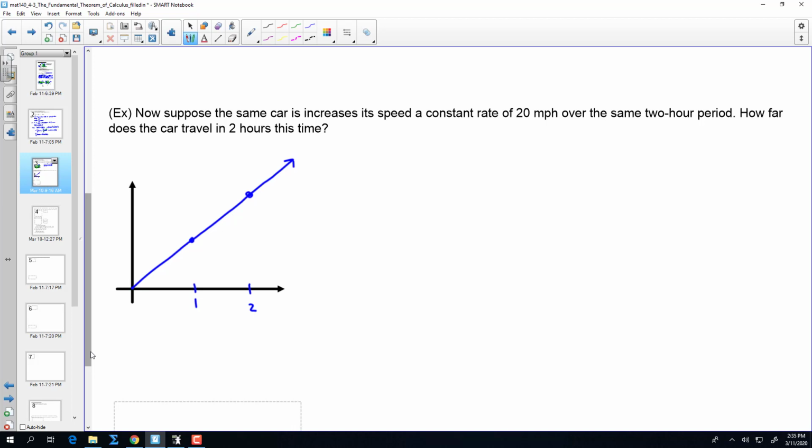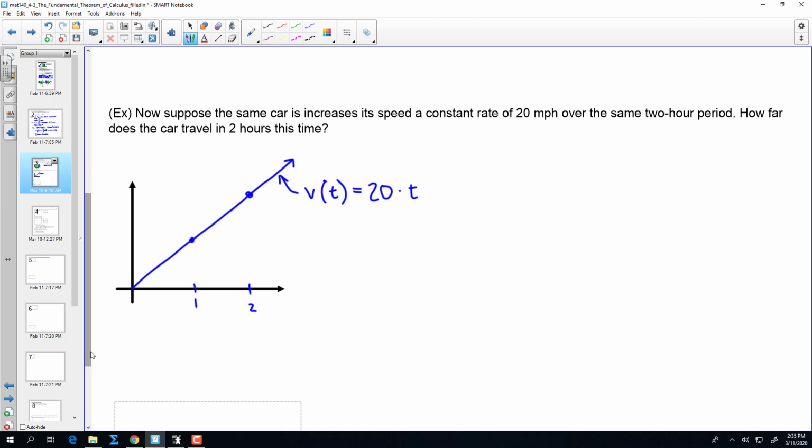So for instance, this function right here is my velocity function. So the velocity of the car is 20 miles per hour times however many hours it travels. Okay, so my velocity is linear. In the first hour, I could approximate the distance traveled.